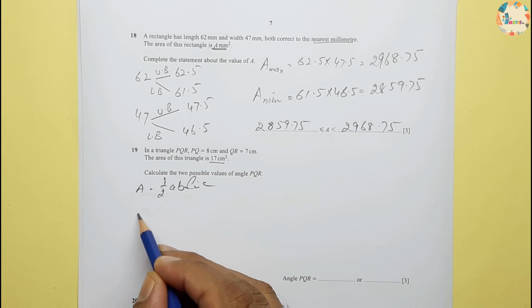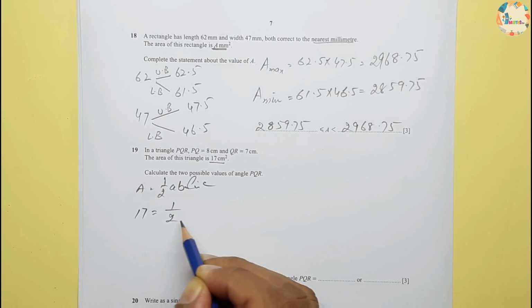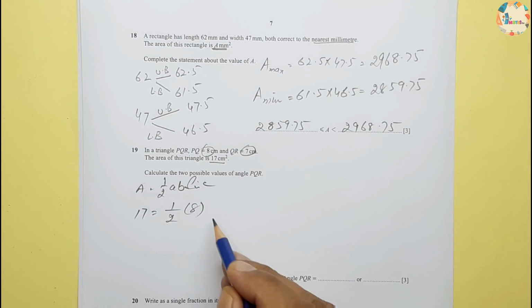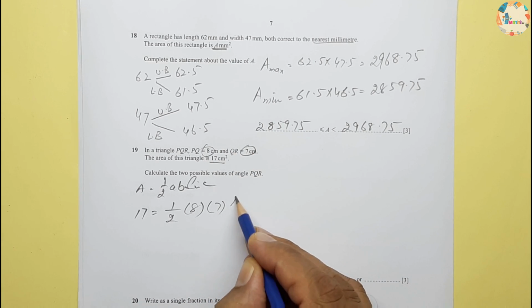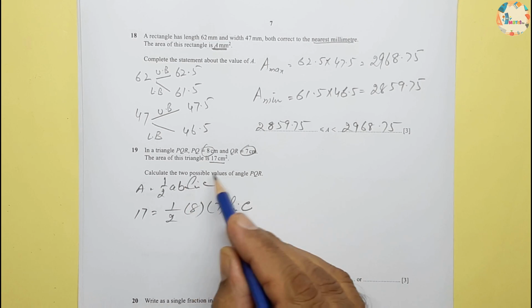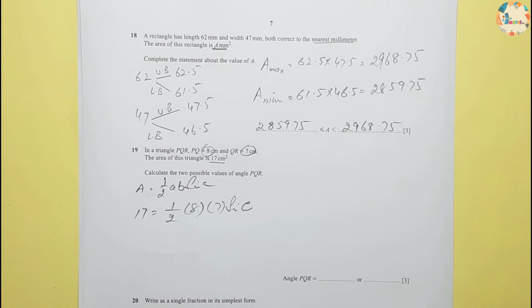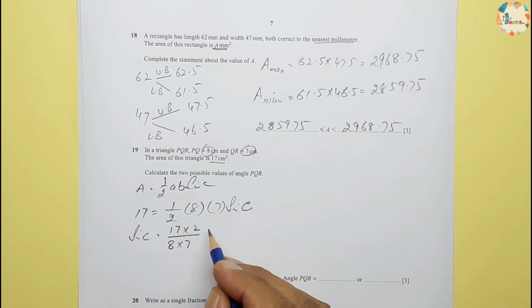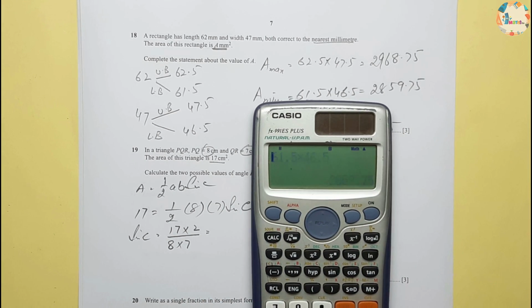So the area 17 is equal to 1 by 2 into A value, which is 8. So we'll replace 8, and B value is 7, so we'll replace 7. And sine of C, we don't know the angle, so we'll use sine C. So sine C is equal to 17 multiplied by 2 and divided by 8 into 7. We have shifted everything to the other side. So we can calculate 17 multiplied by 2 and divided by 8 multiplied by 7.